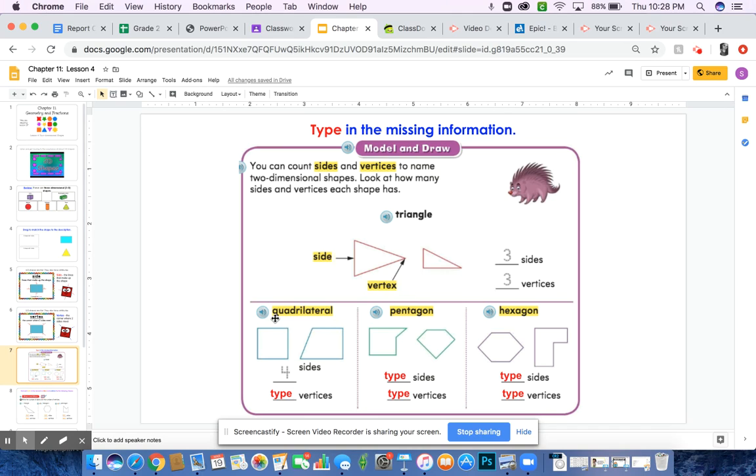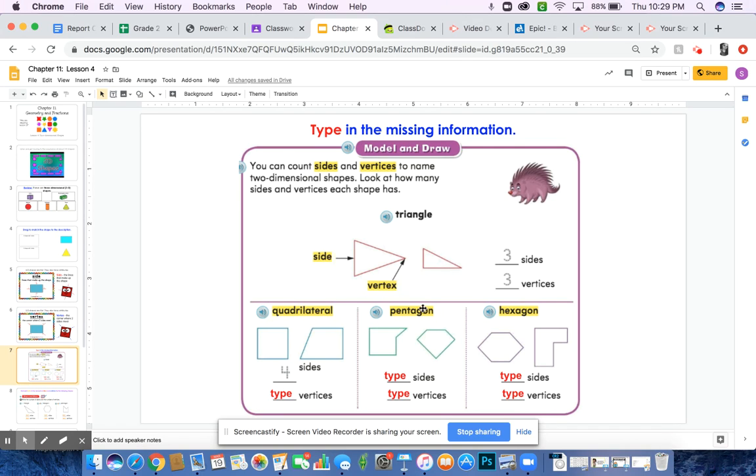The next shape is a quadrilateral, and you may be thinking this looks like a square, but a square is also known as a quadrilateral, just like this other shape. So quadrilaterals have 1, 2, 3, 4 sides, even though they look a little different. So at the bottom, they already have that 4 there. You need to figure out how many vertices are in that shape.